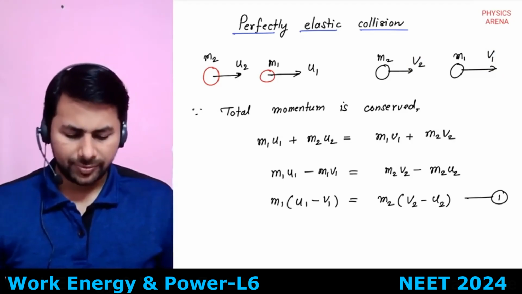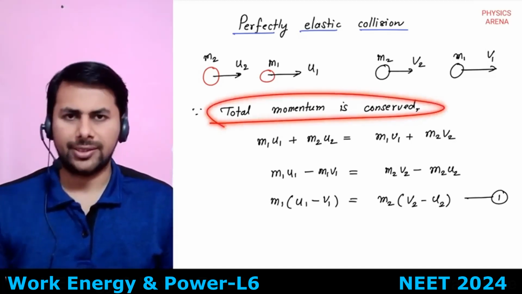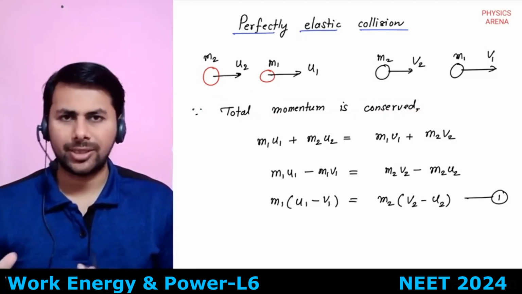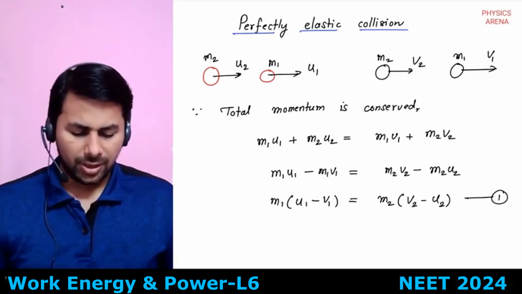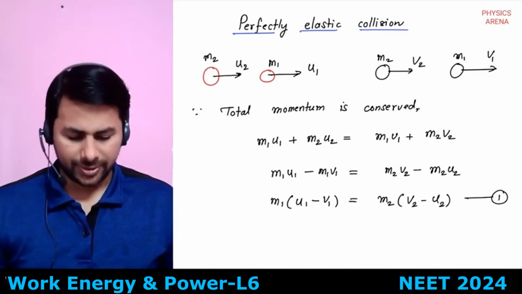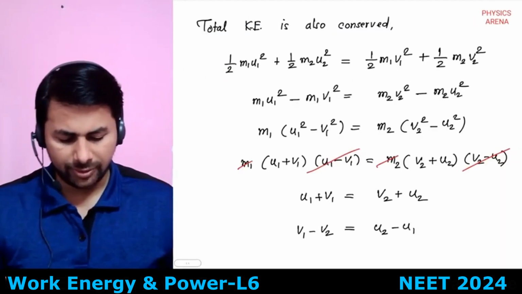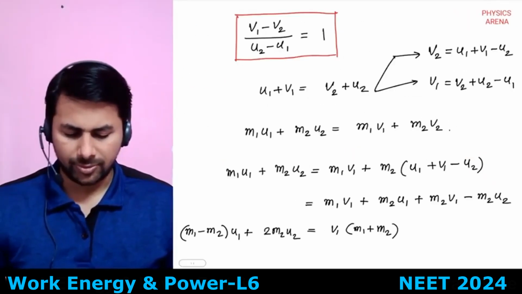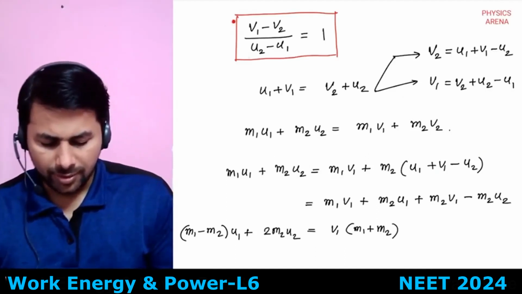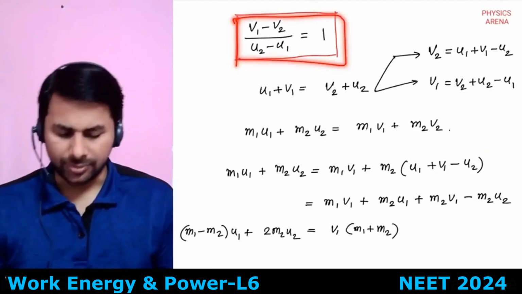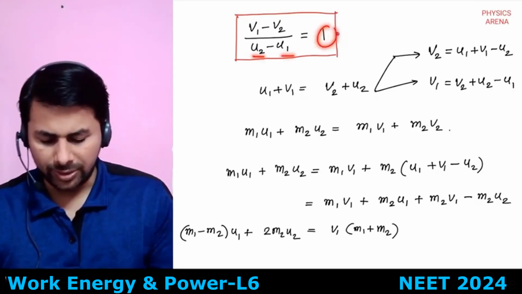So we use two things. One thing is total momentum is conserved. Another thing is the total kinetic energy is also conserved. Using those two things, we find out the formula. Meanwhile, we get (v1 minus v2) upon (u2 minus u1) is equal to 1.